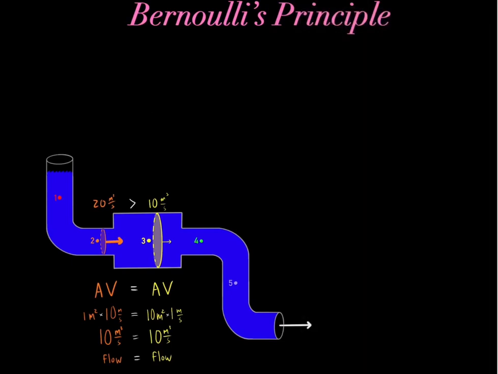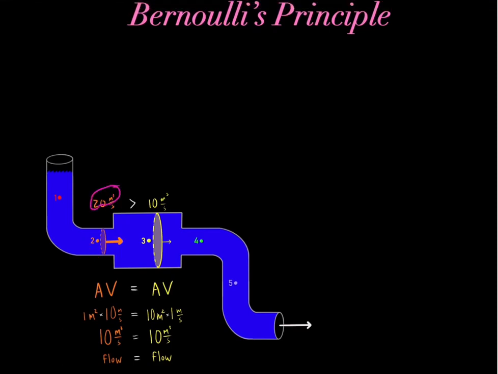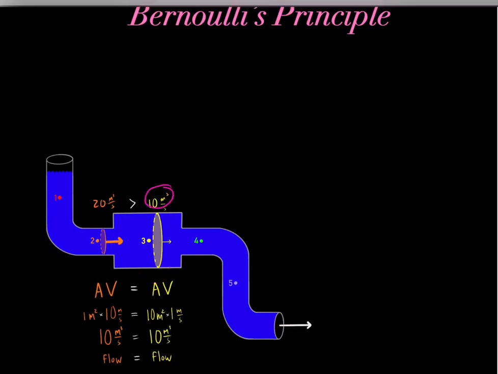And really, this is just conservation of mass. For example, let's say the flow moving through this region was 20 meters cubed per second. However, let's say the flow moving through this region was only 10 meters cubed per second.